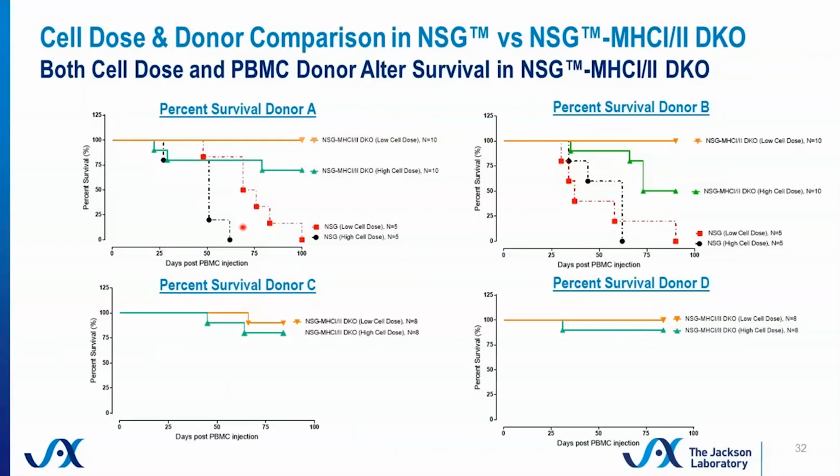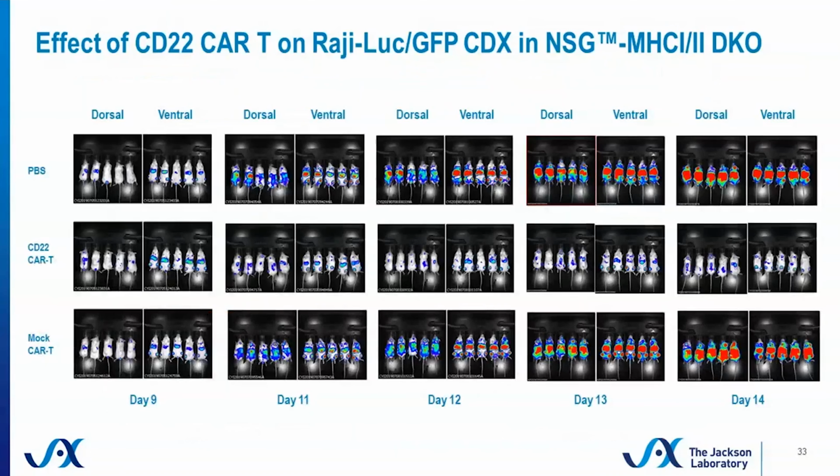And we have a panel of PBMC donors that we've pre-characterized and know what cell dosages can be introduced into the system. So this is simply looking at CD22 CAR T and its delivery into the system and its response and ability to clear out Raji B-cell lymphomas.